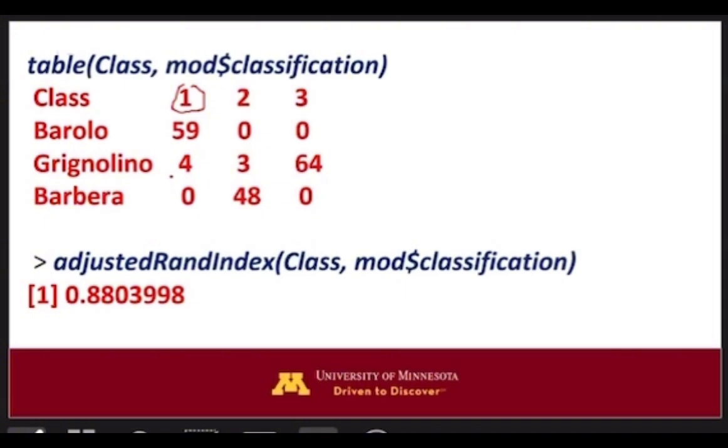But let me tell you this. If I really want to tell, I need the adjusted Rand index. The adjusted Rand index value needs to be high, okay? And in this case, it's very high, which means it has done a great job. Now, I needed to take a look at this: class 1, 2, 3 against the clustering result.